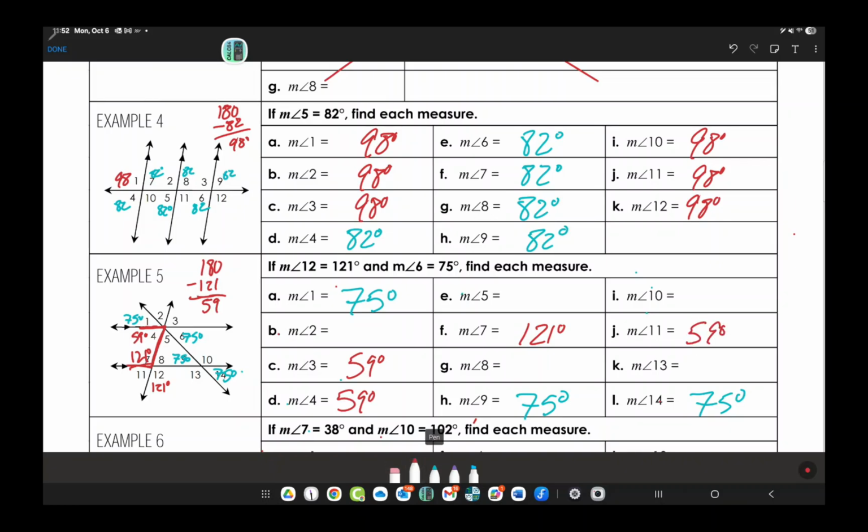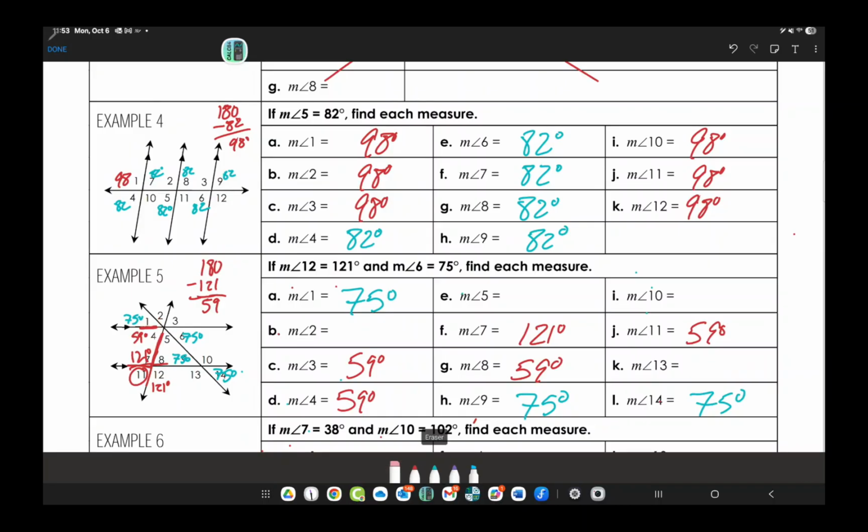The reason is that 11 is corresponding to 4, and 8 is vertical to 11. Angle 5 is not corresponding to 12, because it has that extra line right here. The sum of 5 and 6 is corresponding to 12.